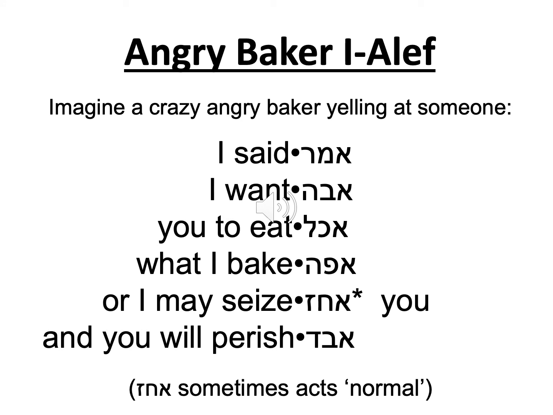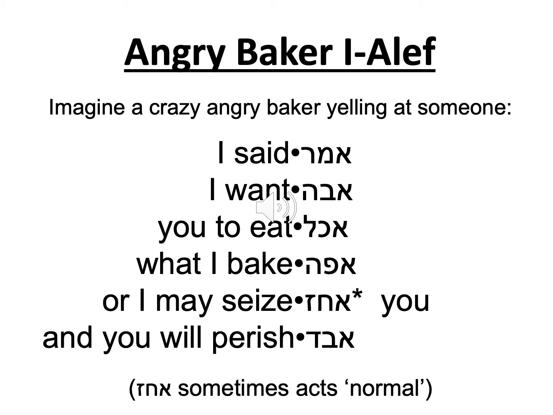Type 2 pei aleph or one aleph verbs are often called angry baker verbs because of this particular saying. These are the only pei aleph or one aleph verbs that follow type 2. Imagine a baker is yelling at someone. I said, I want you to eat what I bake, or I may seize you and you will perish.